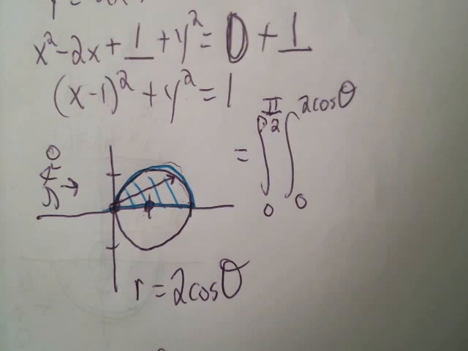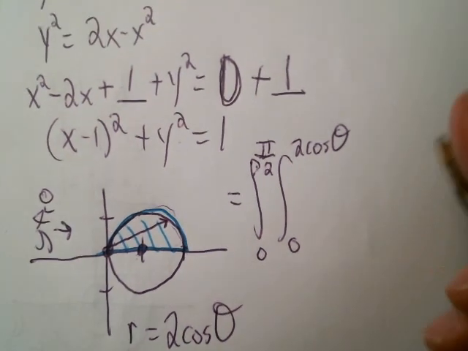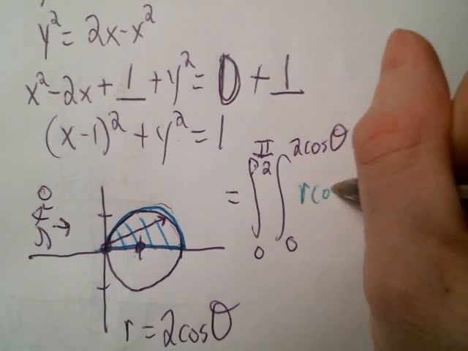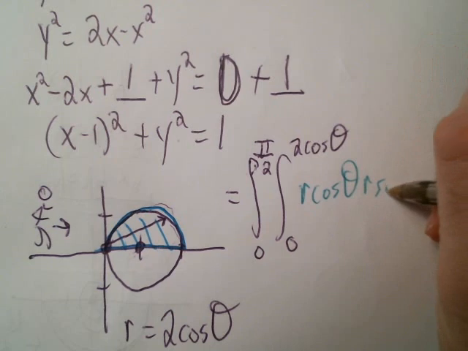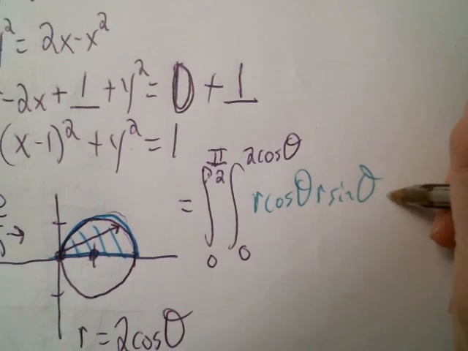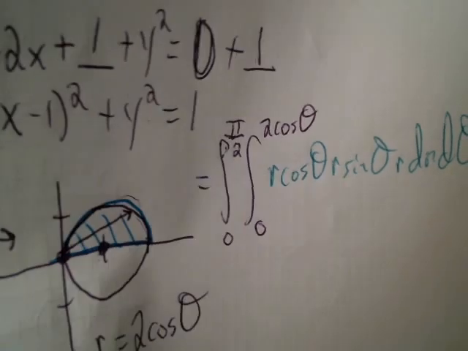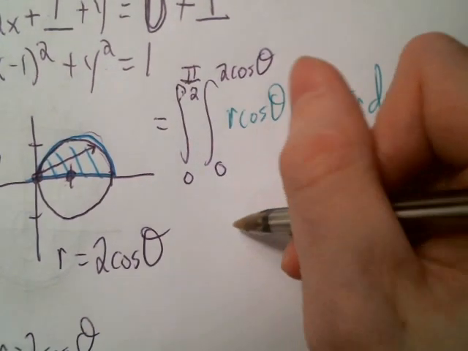Then on the inside of the integral, we need x and y. x is equal to r cosine theta, y is equal to r sine theta, and then dy dx is r dr d theta. So we had 3 r's, so r cubed.